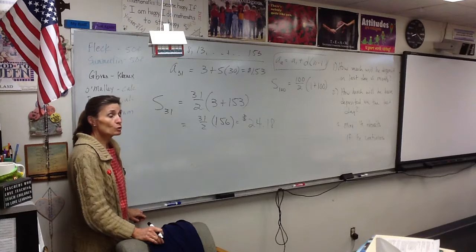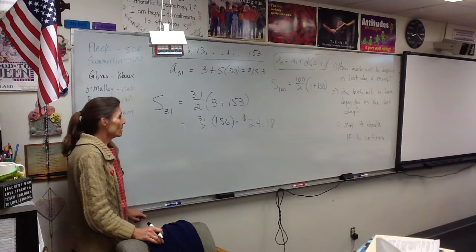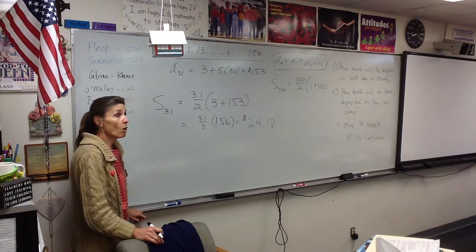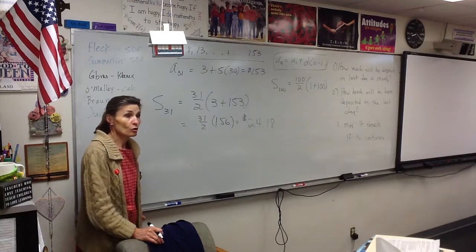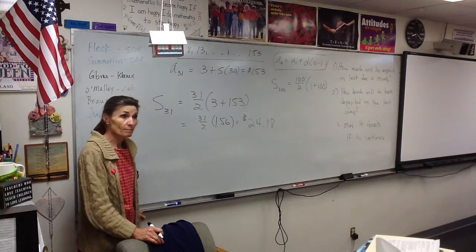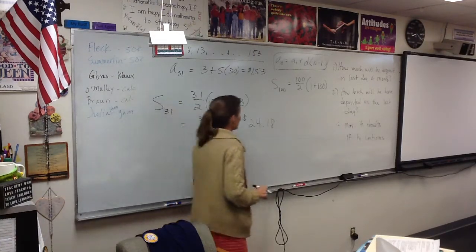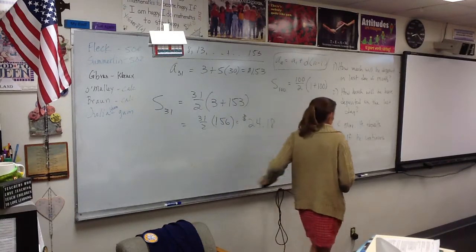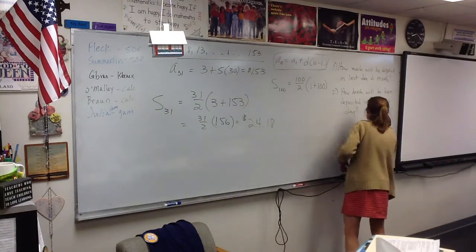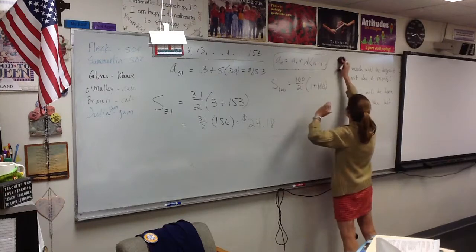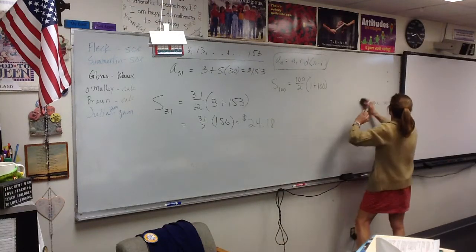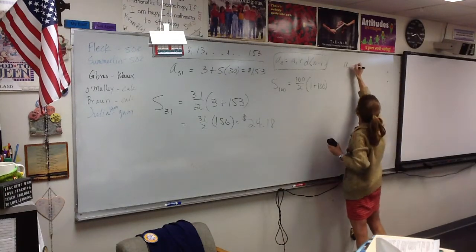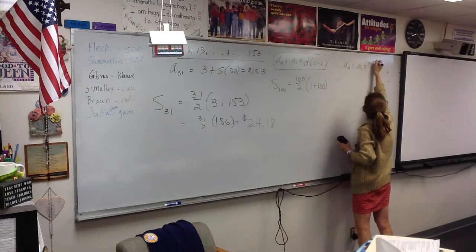Now, I don't have any cool stories to go with it, but there is a formula that will also add up the terms of a geometric series. So let's review, first of all, what's our formula for a geometric sequence? Perfect.